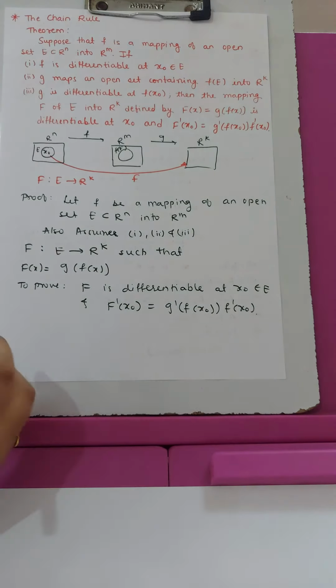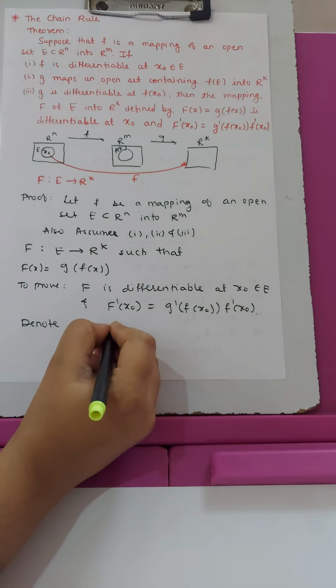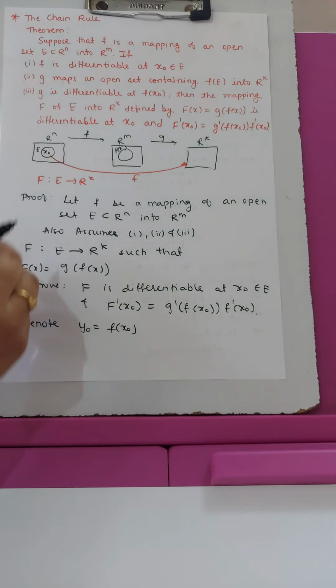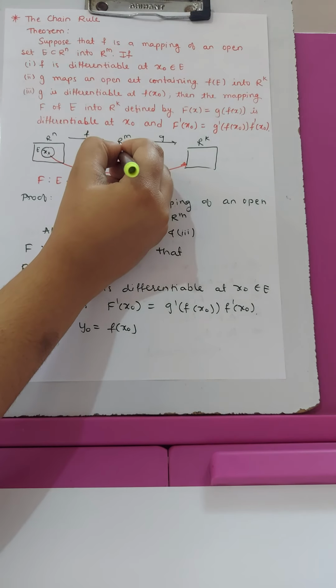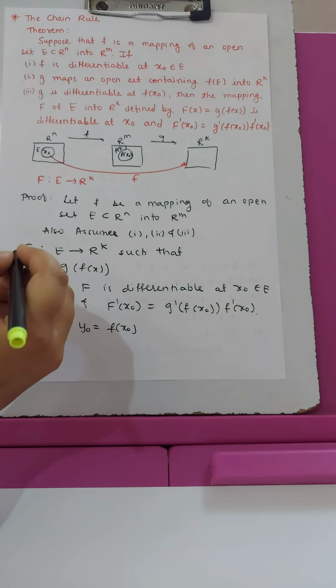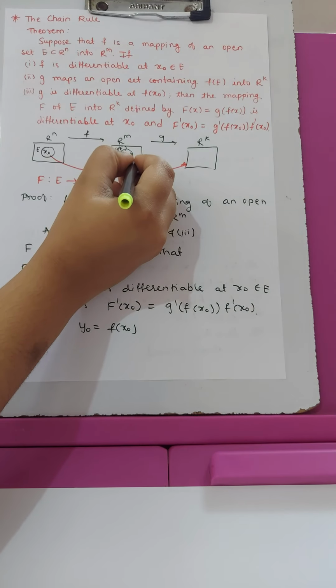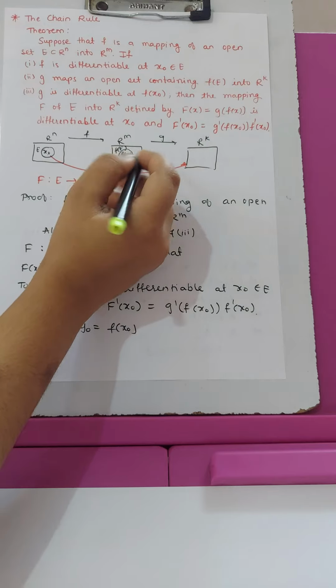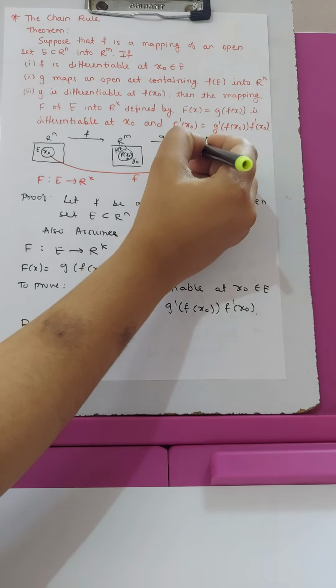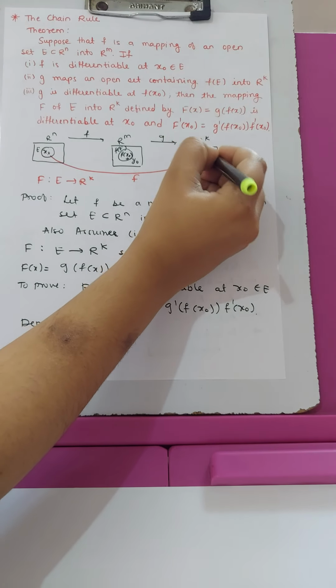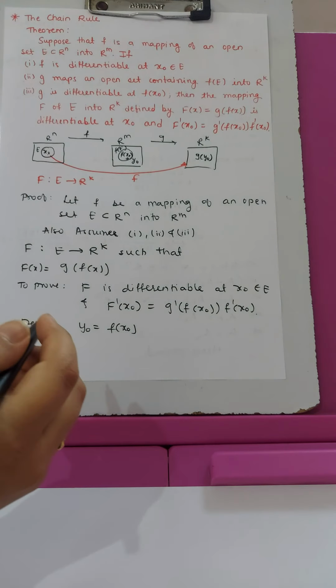So first we denote y0 equals f of x0. This is x0 and here it will be f of x0, or we can say y0, and if g operates on y0, g of y0 will be in Rk.